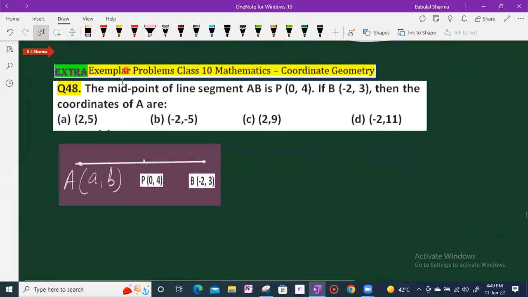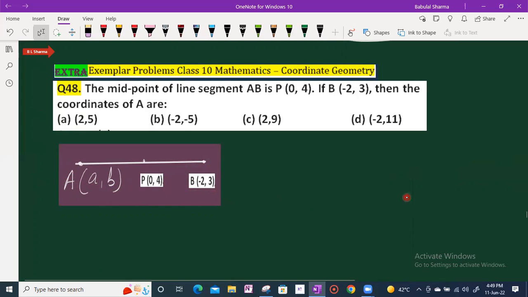Next question. The midpoint of line segment AB is P (0, 4). If the coordinates of B are (minus 2, 3), then the coordinates of A are? Let the coordinates of A be (a, b). This point is B, its coordinate is (minus 2, 3).